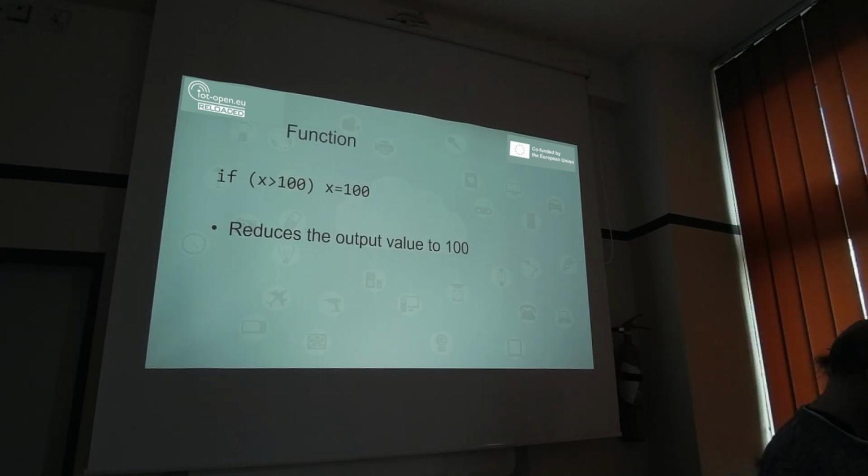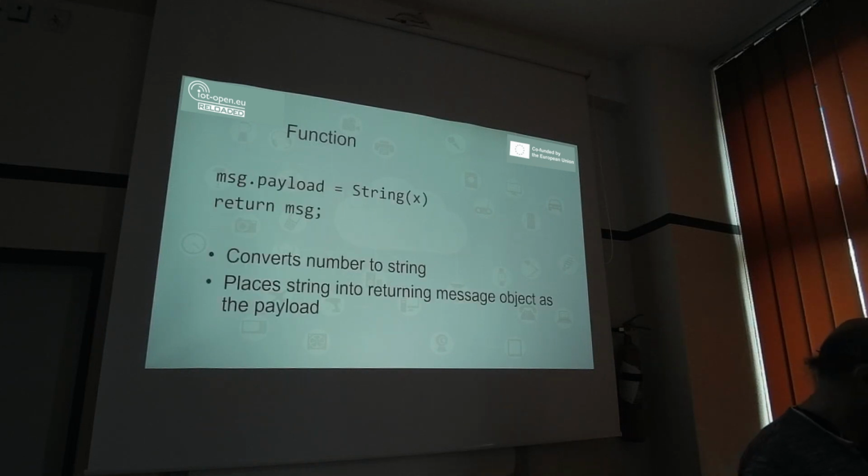It doesn't make any sense. So it reduces the output value to 100, and we convert this X value, which is a number, to a string, set it as the payload of the message that we want to send further, and return the message.